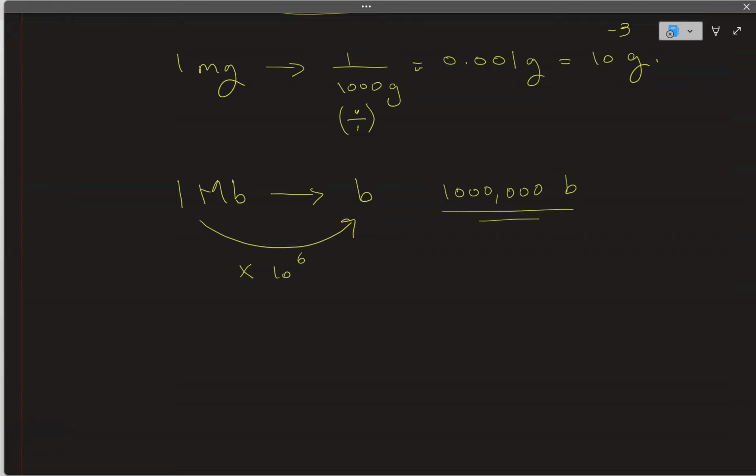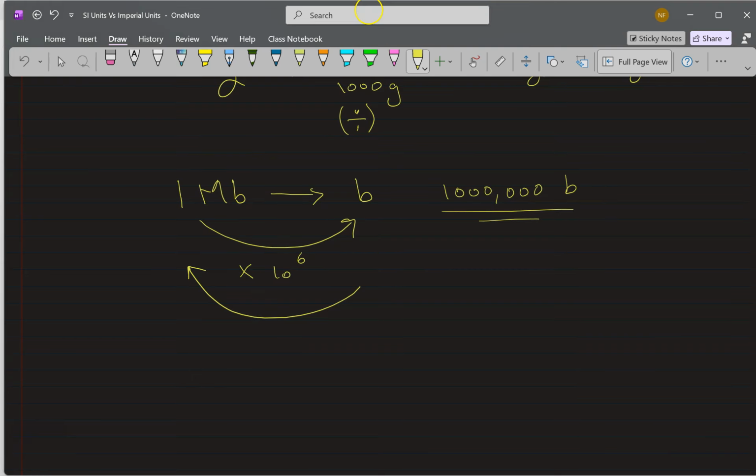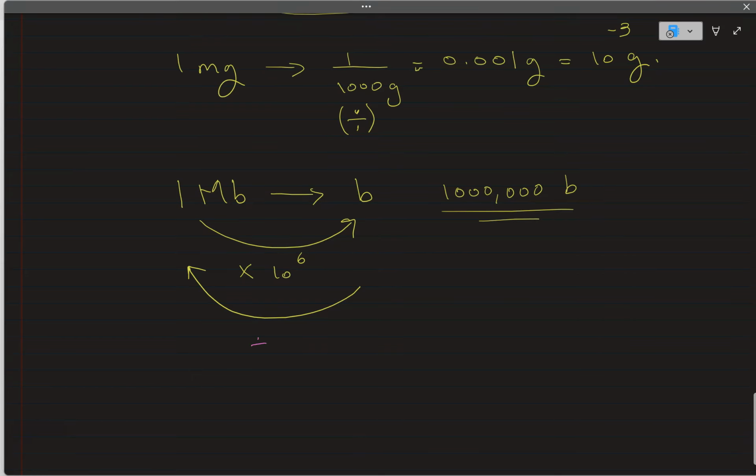So you're multiplying. If you're going the other way, from bytes to megabytes, you have to divide by 10 to the 6. So if you have 1 byte, that is 10 to the negative 6 megabytes, or you can say 0.000001.